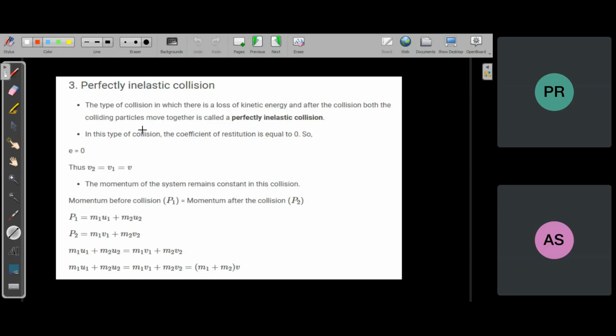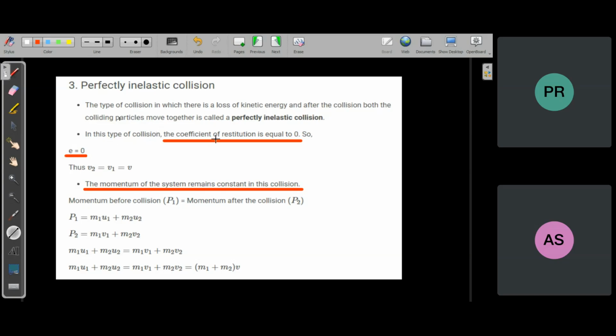It is a type of collision in which there is maximum loss of kinetic energy and the relative velocity of separation after the collision becomes zero. Because relative velocity of separation becomes zero, the coefficient of restitution becomes zero. But momentum remains conserved.